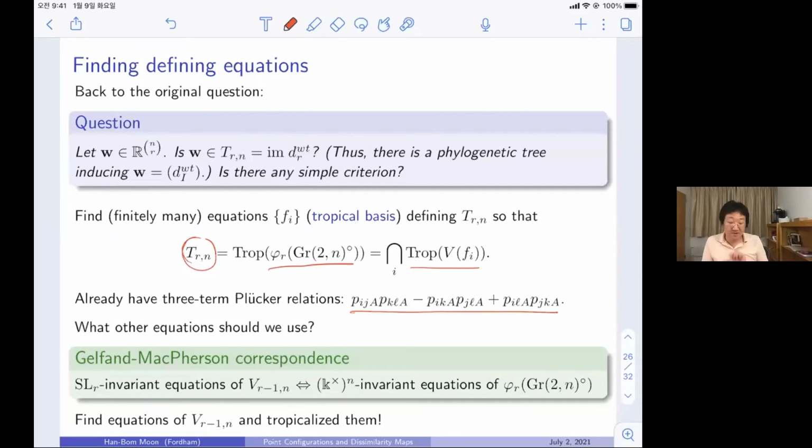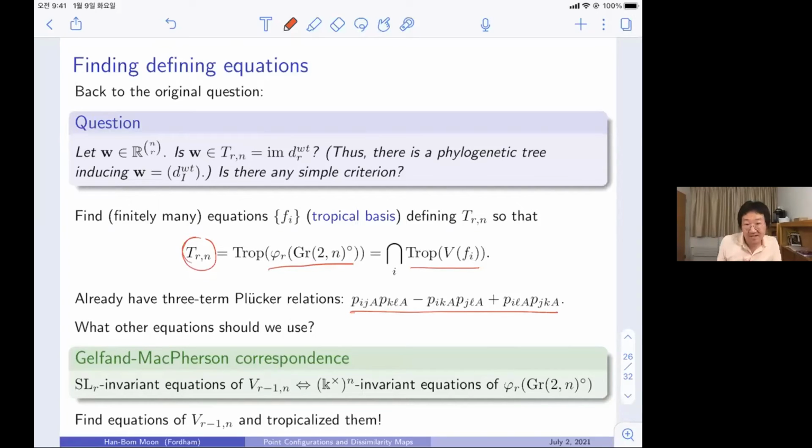Now the Gelfand-MacPherson correspondence actually tells us that at the level of defining equations, the coordinate ring, every SL_r invariant equation of V_{r-1}^n corresponds to a torus invariant equation of the image of Grassmannian G_2^n. So on the set of defining equations, we can find the correspondence. So now our strategy is: let's find the equations of the space of point configurations, take the Gelfand-MacPherson correspondence, and tropicalize them.